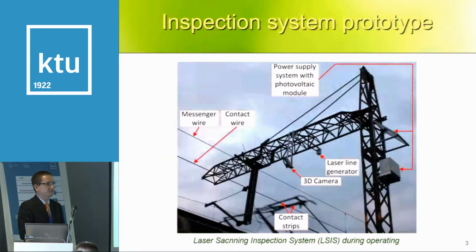For diagnosis of carbon contact strips, we propose another prototype system called a laser scanning inspection system. This system was tested on the railway line. The main parts of this system are a 3D camera and a laser line generator.